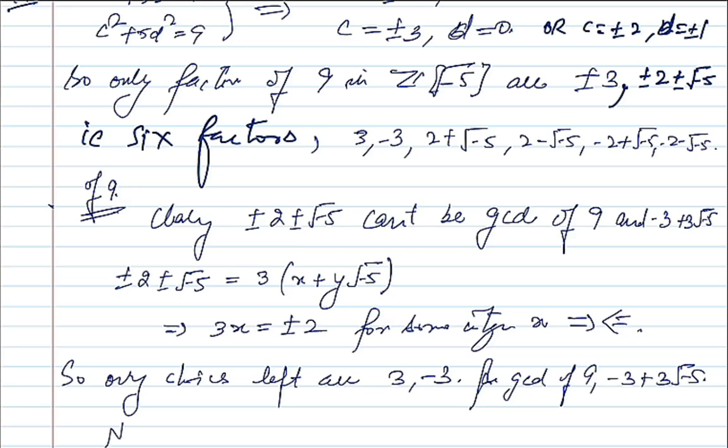Now suppose the GCD of 9 and -3 plus 3 square root -5 is 3.